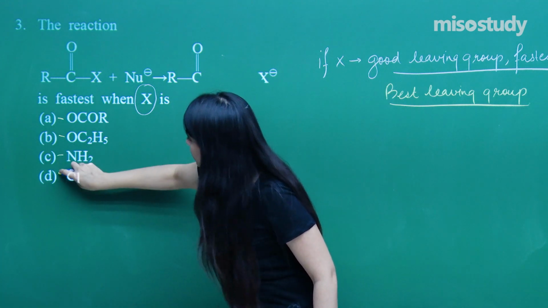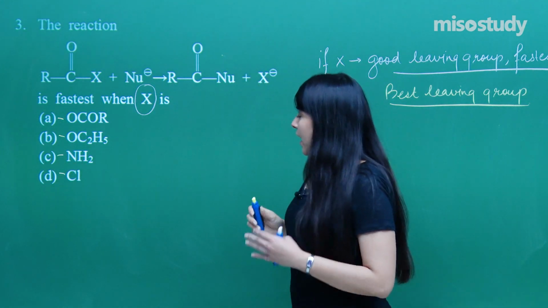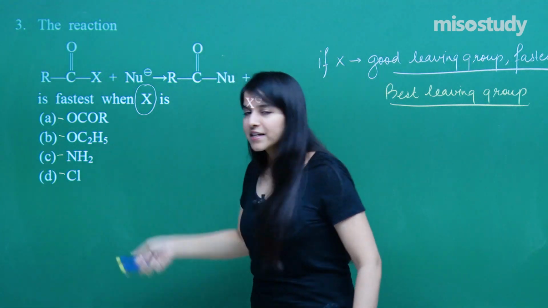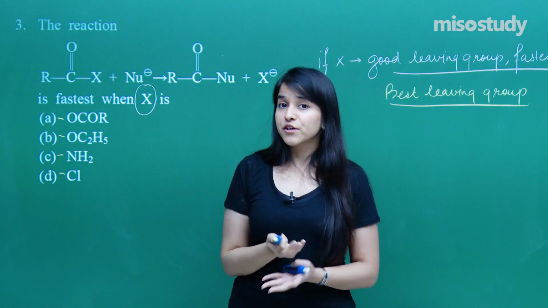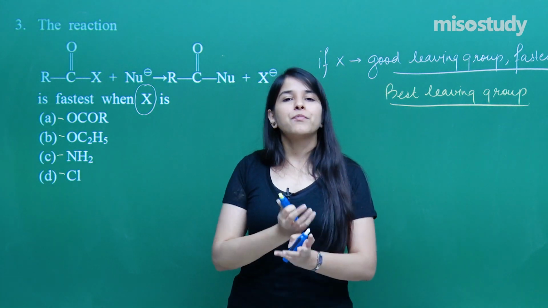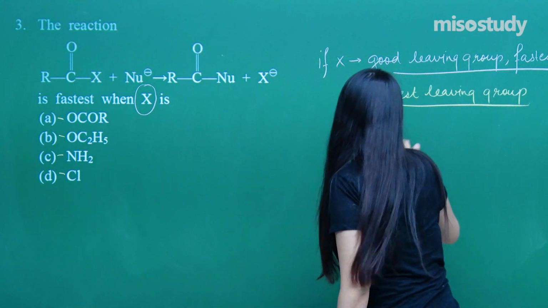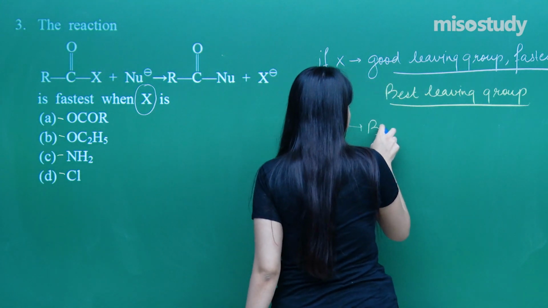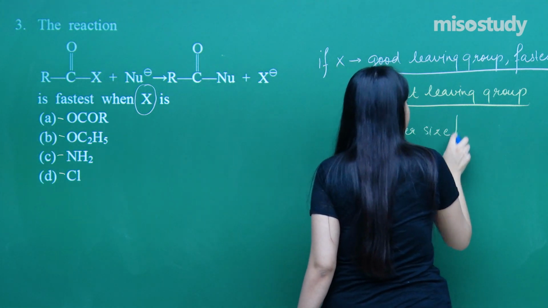I am representing this as a dash, that means these groups will be attached here. And if you see the sizes of the group, what is the property of a leaving group? If the size of the leaving group is bigger, it can disperse the charge very easily. That's what we have done in the category of leaving groups. So, bigger size, or I can say the large surface area.